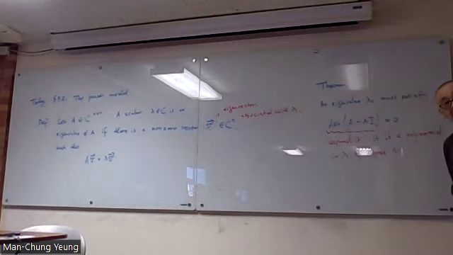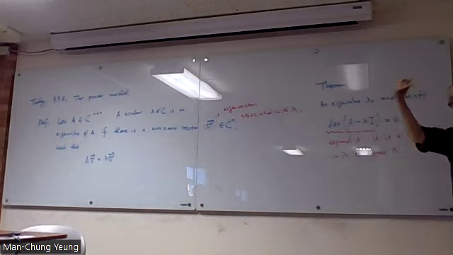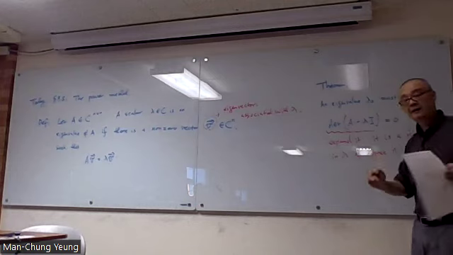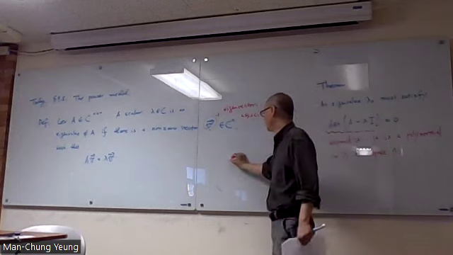Why doesn't it work? At the beginning of the semester, I showed you one example: a 20 by 20 determinant.